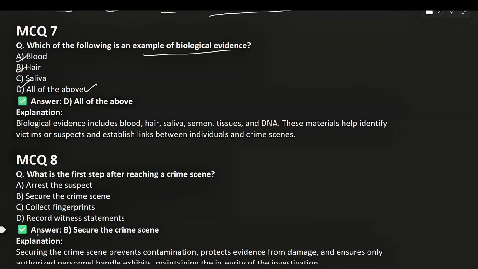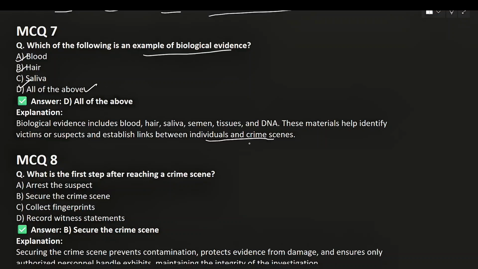Okay. So the explanation here is biological evidence includes blood, hair, saliva, semen, tissue, and DNA. These materials help identify the victim or suspect and establish a connection between an individual and the crime scene.